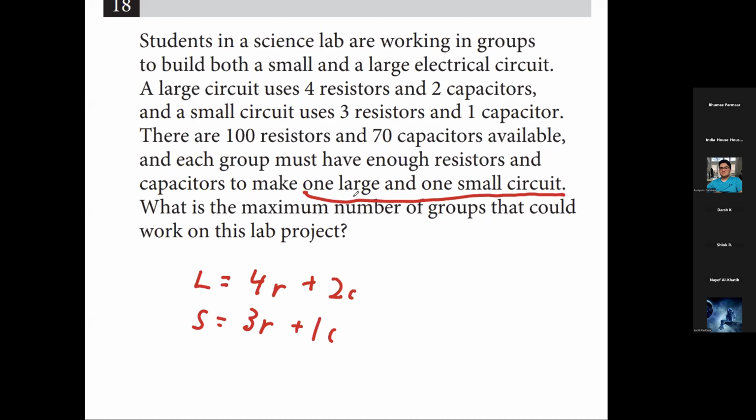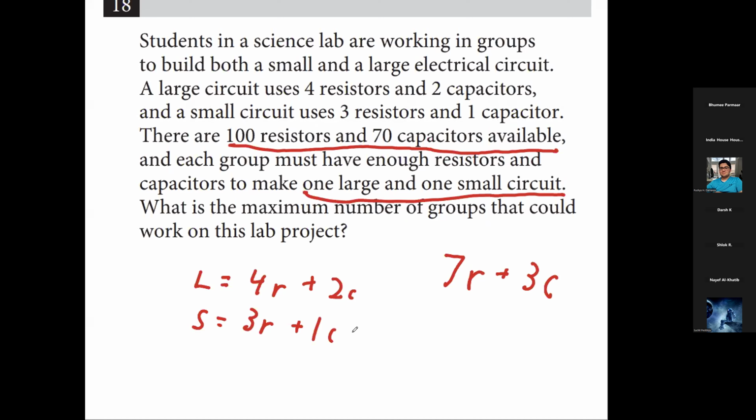Since they have to make one large and one small, that means they have to make both L plus S, so we can just add these two together. So each group needs, at minimum, seven resistors, because that's four plus three, and they also need three capacitors.